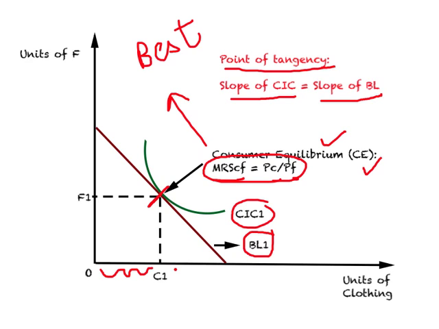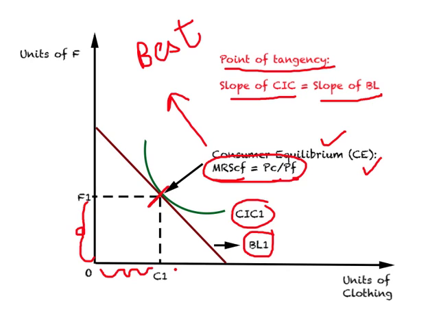And you take this point to the vertical axis and you know how many units of food will be consumed by this country, and that will be OF1.